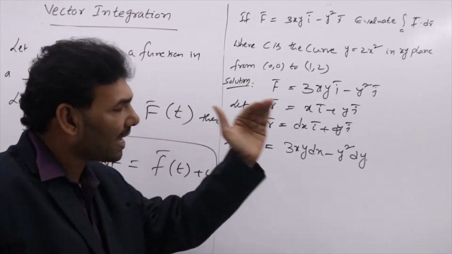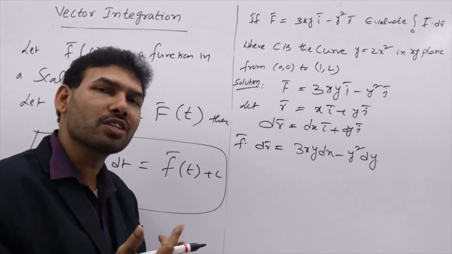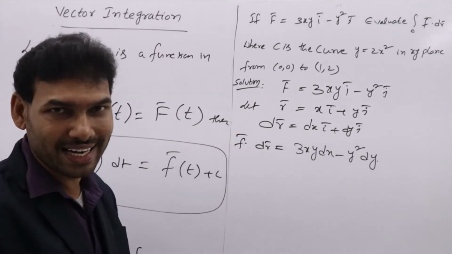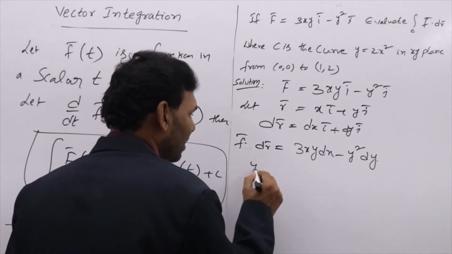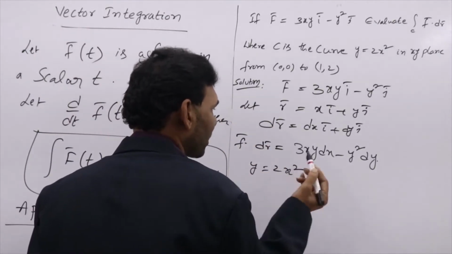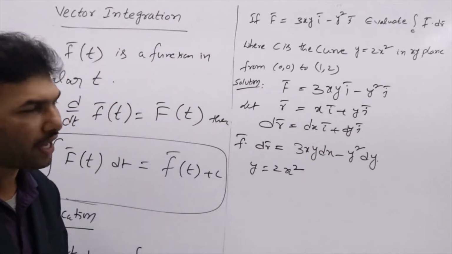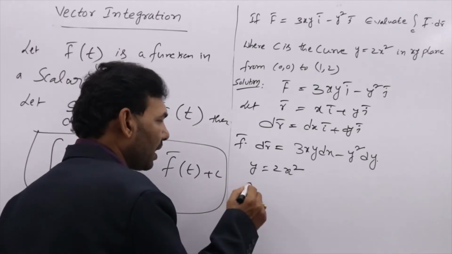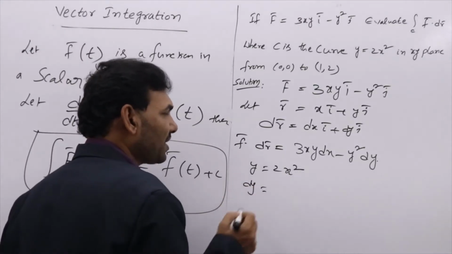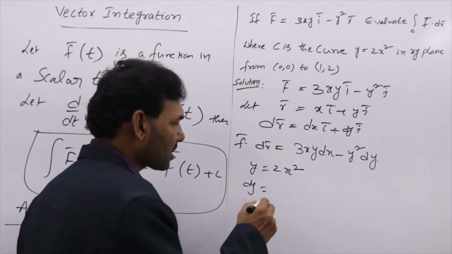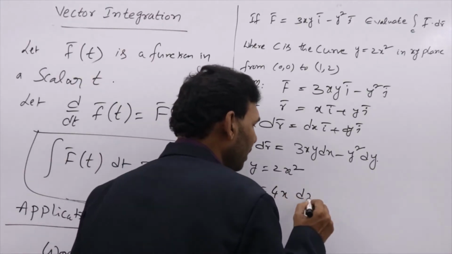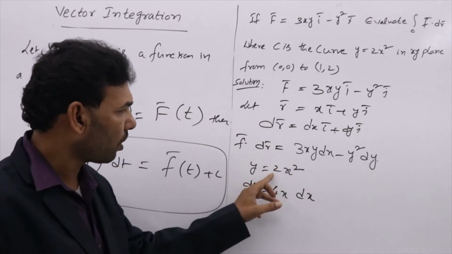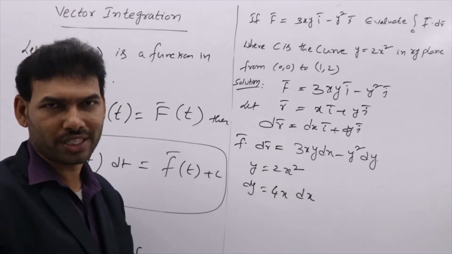If you have variables other than x, convert them in terms of x, or convert x in terms of y, using the given relation. The given relation is y equal to 2x square. Now wherever I have y, I write 2x square, and dy will be the differentiation of 2x square, which is 4x dx. 2 twos are 4, and the differentiation of x square is 2x, that's why.